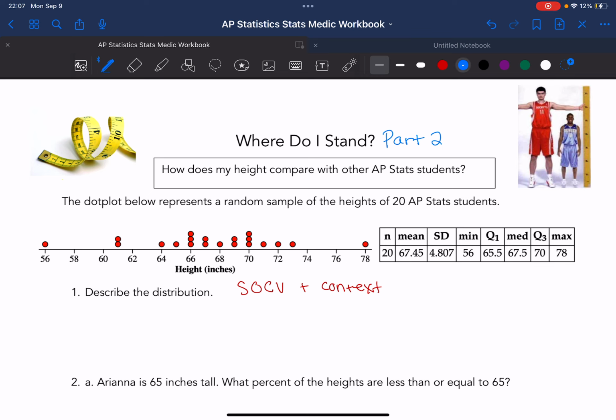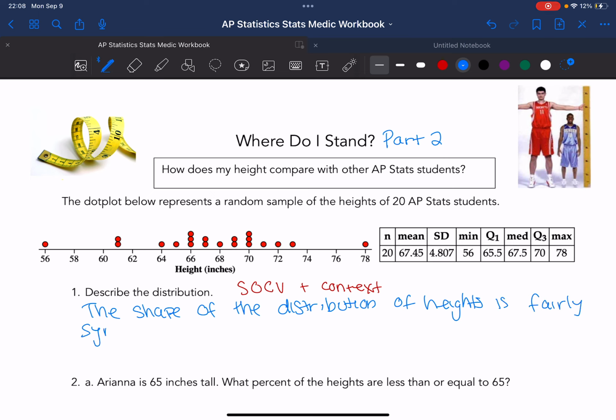So I would say that the shape of the distribution of heights is fairly symmetric and bimodal.